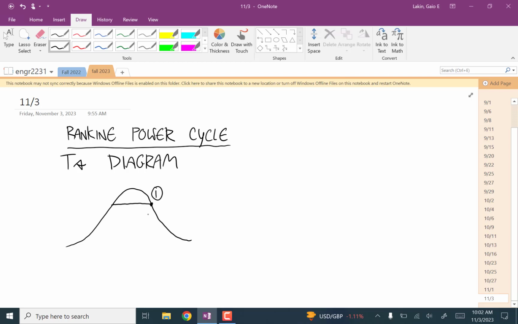That is on the side of the vapor dome that represents a saturated vapor. It goes down to here. This is state 2. The process from state 1 to state 2 is an isentropic turbine.